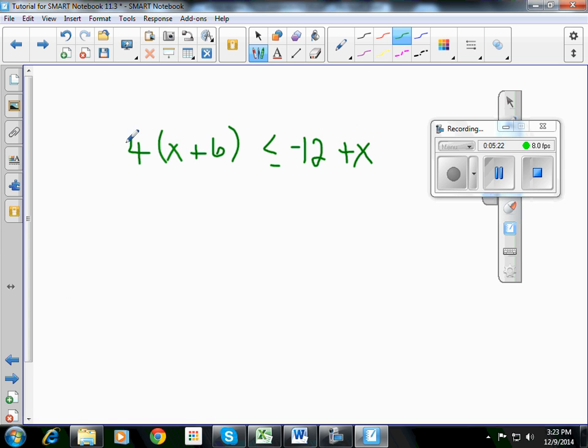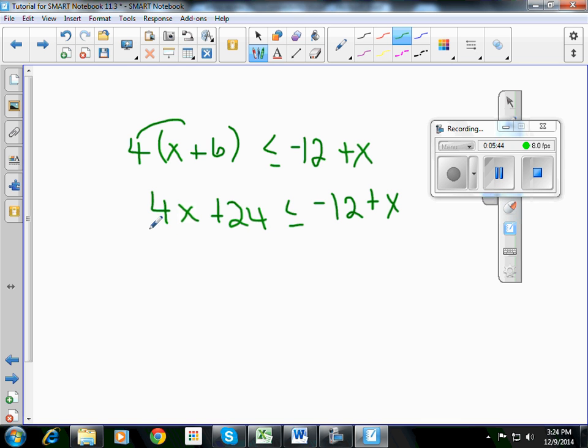Now we can distribute, and we have 4x plus 24 is less than or equal to negative 12 plus x. Now, it doesn't matter what you move first.